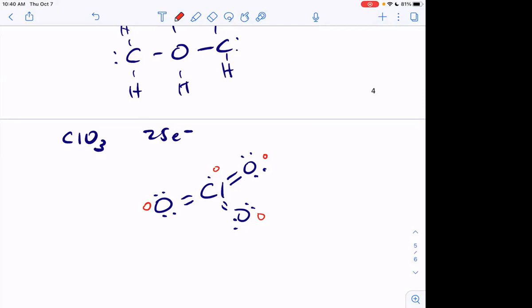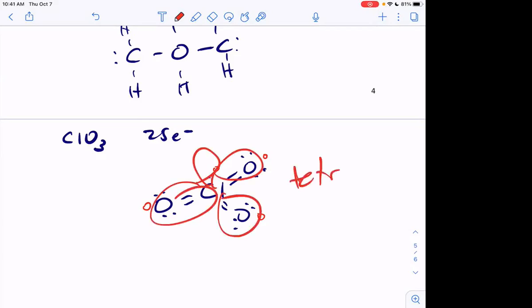All right, so what's the electron domain geometry? Right, you've got to count that. 1, 2, 3, 4. So it's tetrahedral. And then the molecular geometry, trigonal pyramidal, not planar. Just picture the tetrahedral and pull one off.